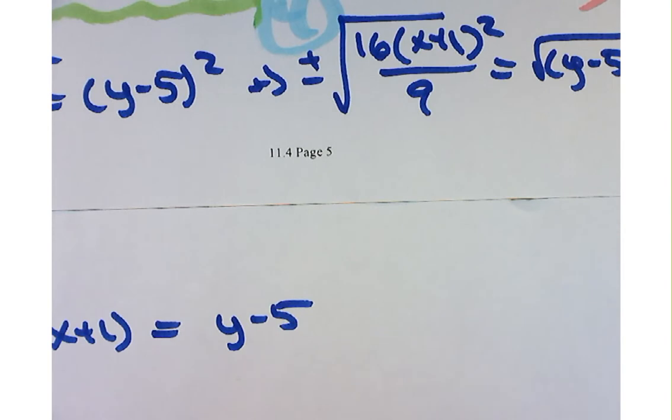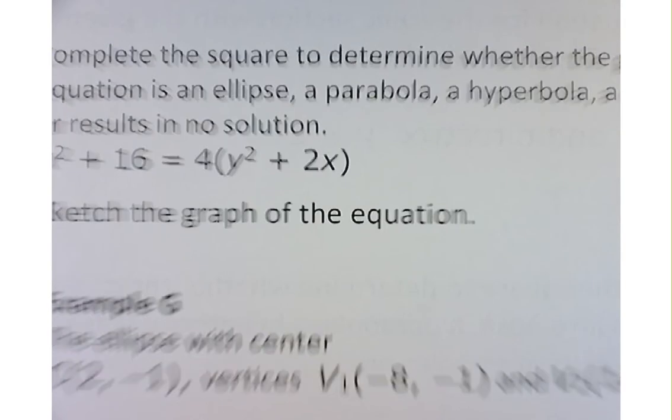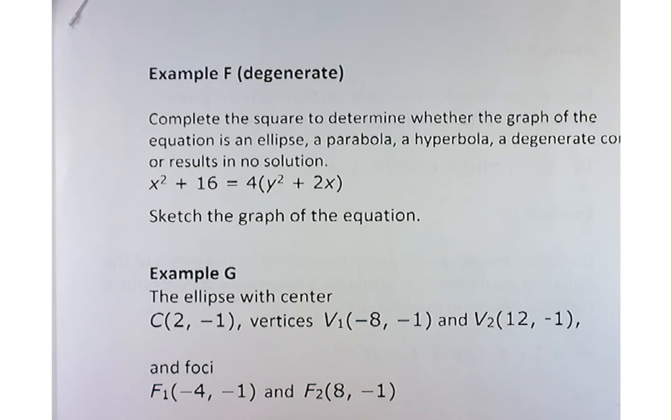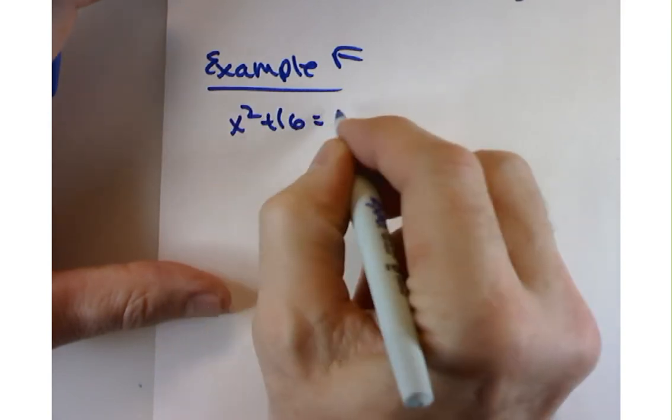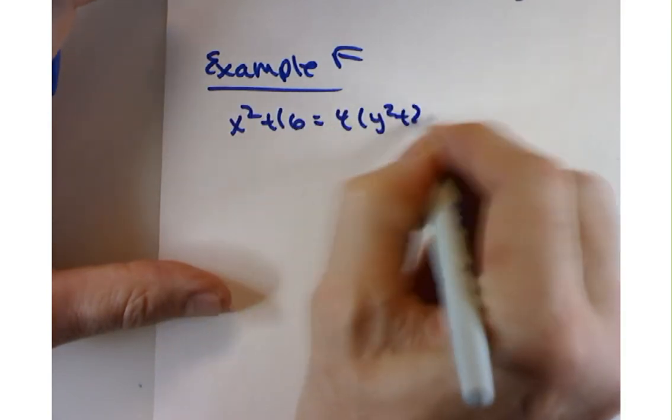Now, let's look at example F from our handout. And now I'm just going to copy that down onto here. F. So you've got x squared plus 16 equals 4 times (y squared plus 2x).